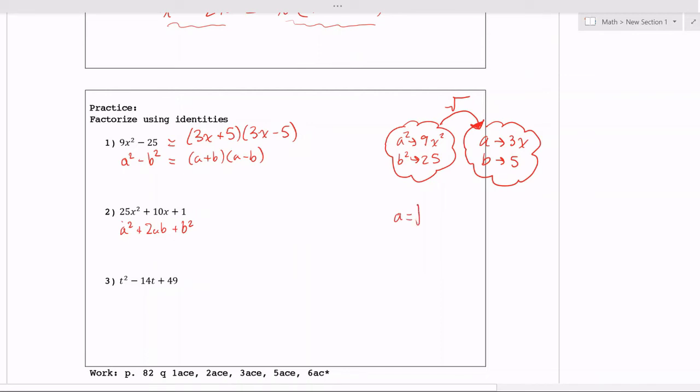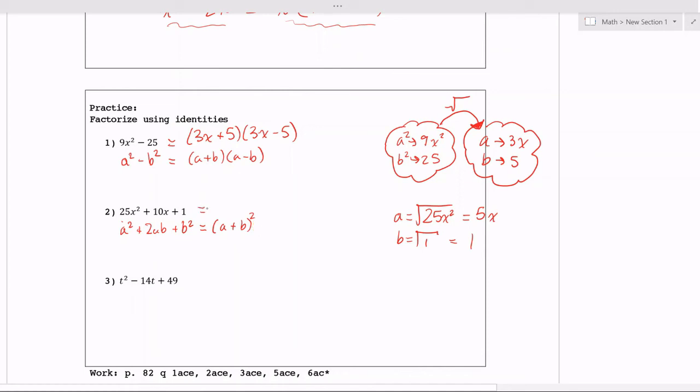So let me do some work. a should be equal to the square root of 25x squared. b should be equal to the square root of 1. This is 5x, and this is 1. Awesome. Because I know the expansion for this is a plus b squared. Okay.